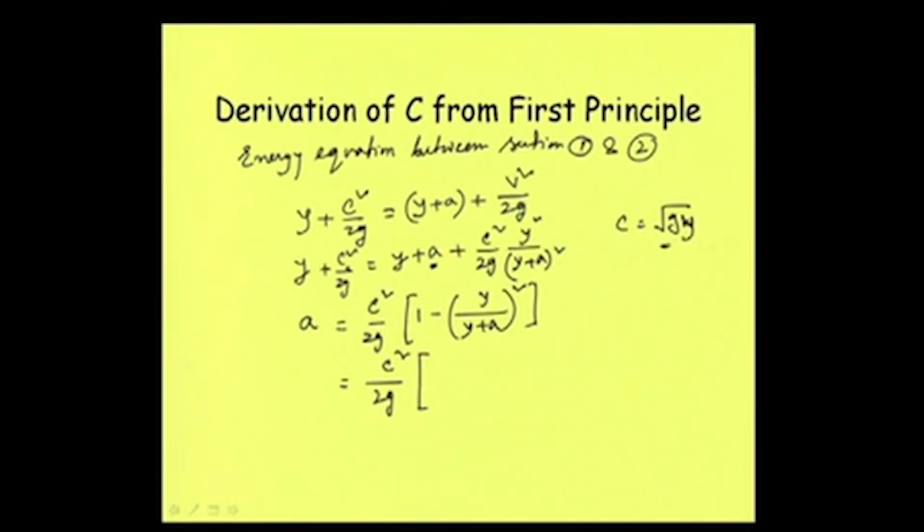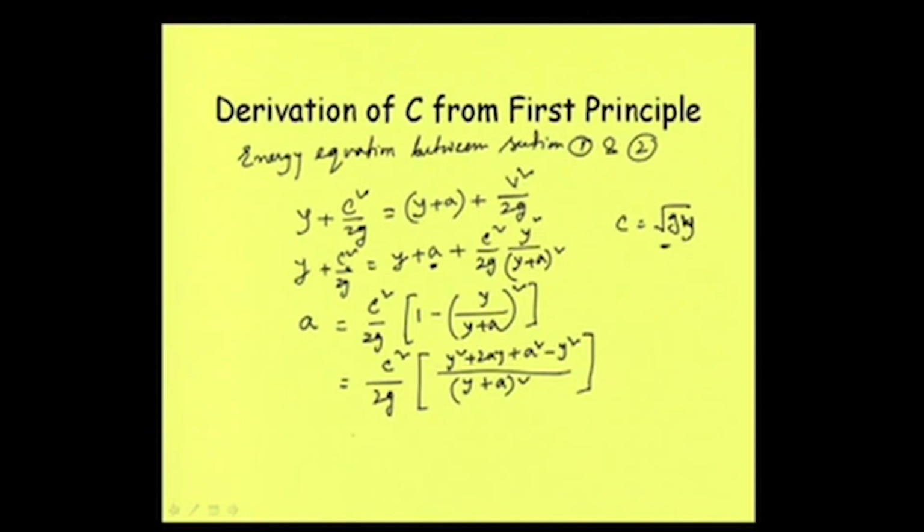Let us see how we can do that. We have y plus a whole square, which we can break up as y square plus twice a y plus a square, then minus y square. Here we are in a position to simplify now.